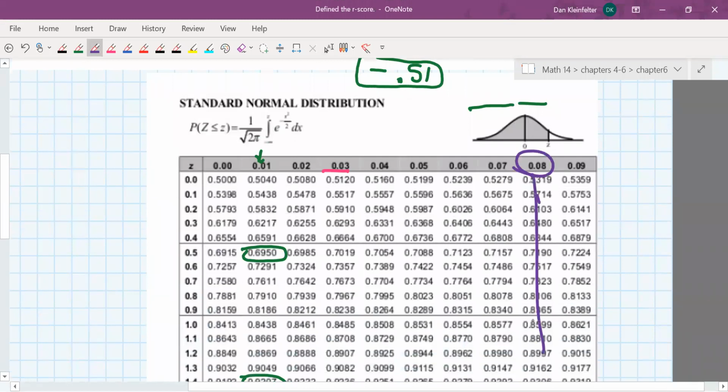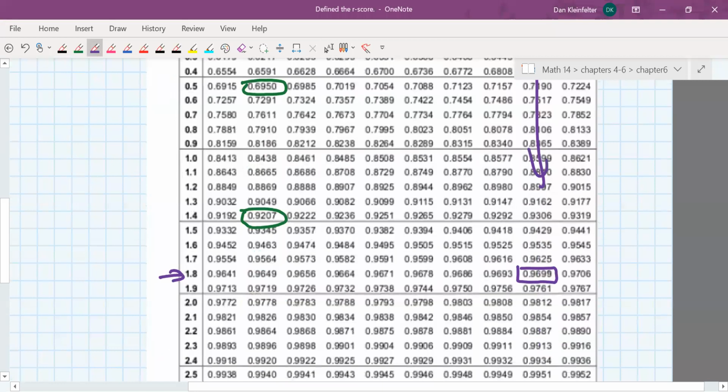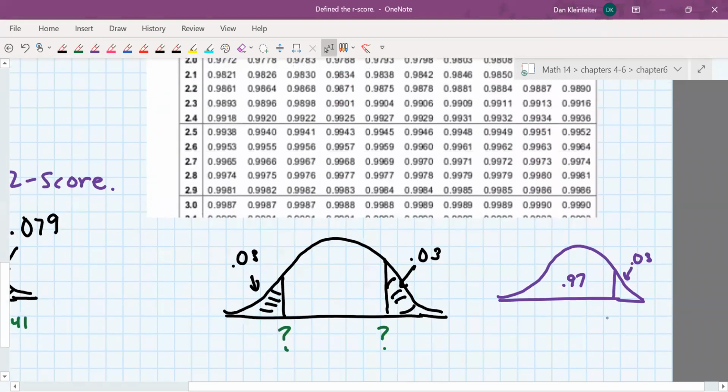So 1.88 will give us an area of 0.9699. So our Z is 1.88. Using symmetry, then, the two Z values are 1.88 and negative 1.88.